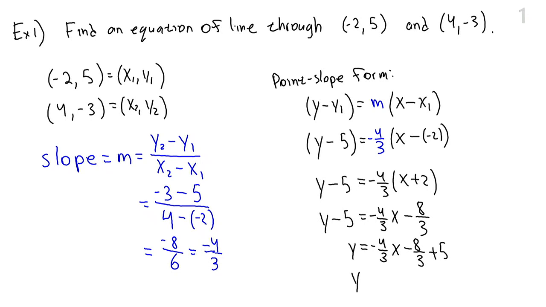To put things over the same common denominator, -4/3 x minus 8/3 plus 15/3.